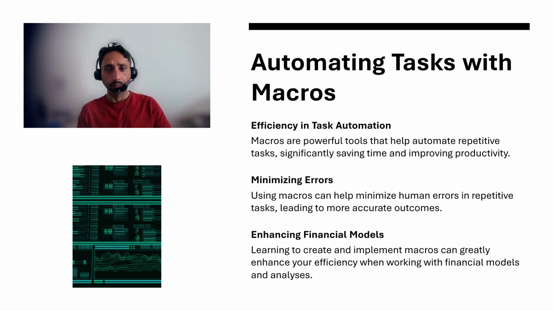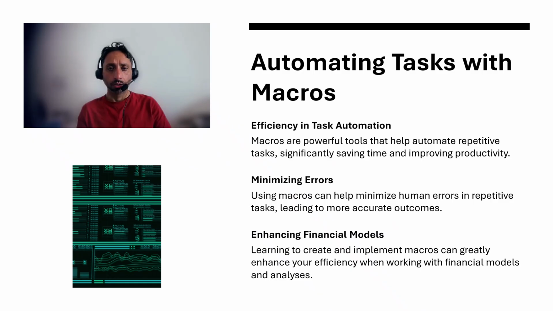So the task is repetitive. So in a financial model, the task is repetitive. You have to select the input, you have to process it, and you have to give an output. So for that, Microsoft Excel has a function called macros, and that really helps to automate that repetitive task.